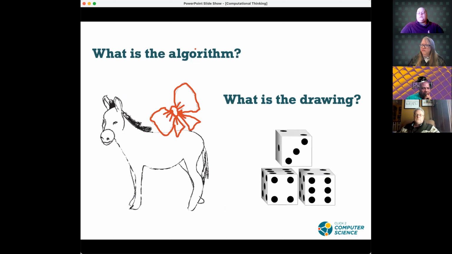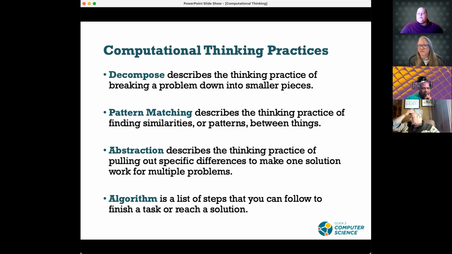So we used actually all 4, or hopefully you used all 4 in this, because you broke your problem down into smaller pieces because you were trying to figure out this game. Then your pattern matching was the circling and underlining. Your abstraction was pulling out those things that were different so that you could make a solution that worked for everything. So you knew you had to roll the dice 3 times.